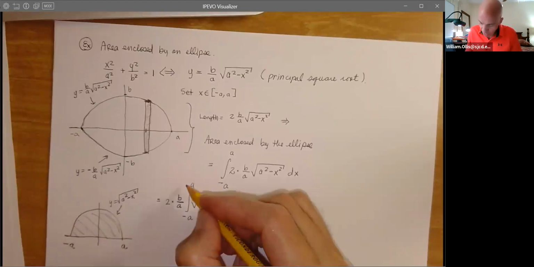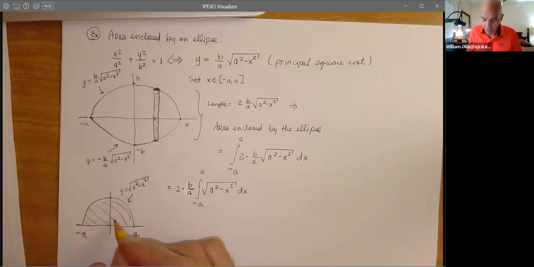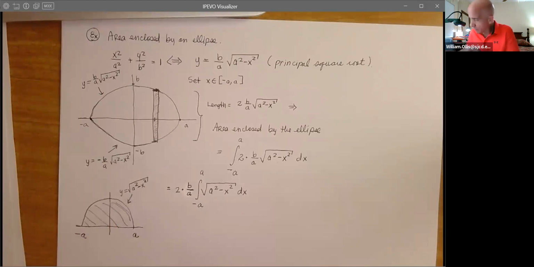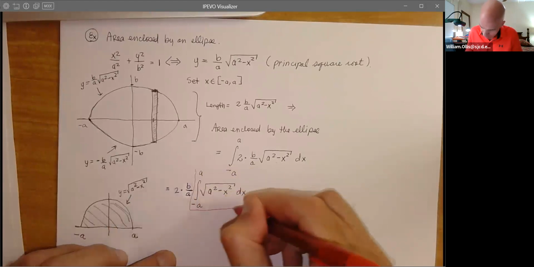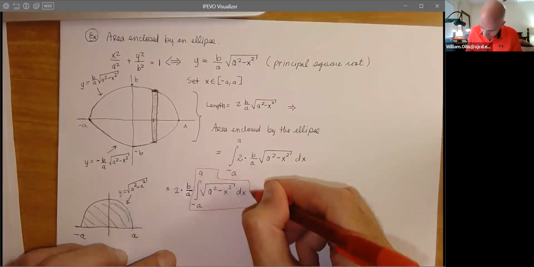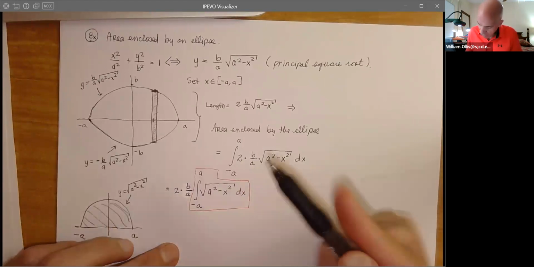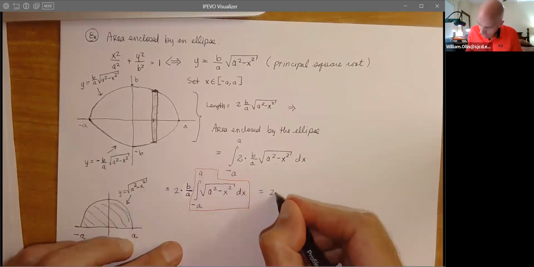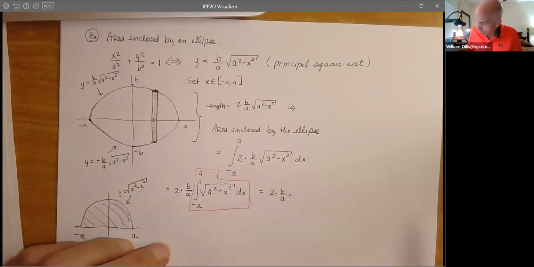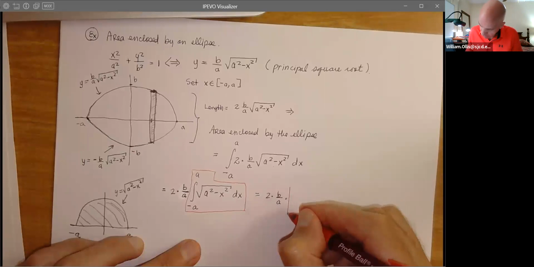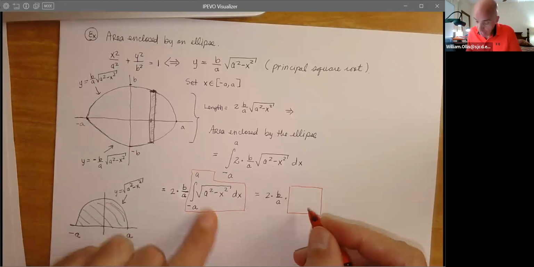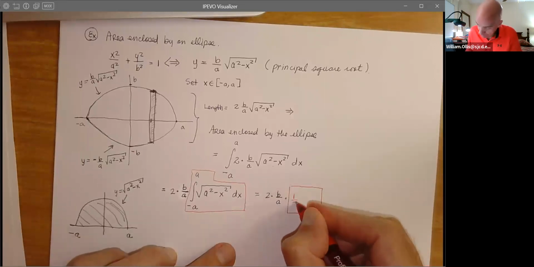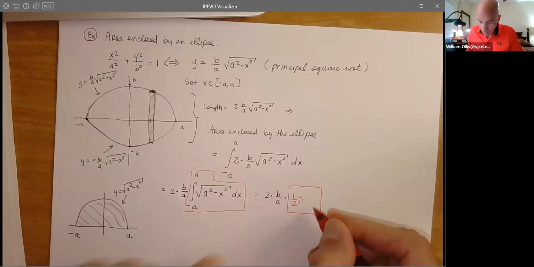So this integral right here is the area that we have here, which is half the area of the circle of radius a. So now, just like we've done before, we get equals 2 times b over a. And so this will be half the area of the circle of radius a.